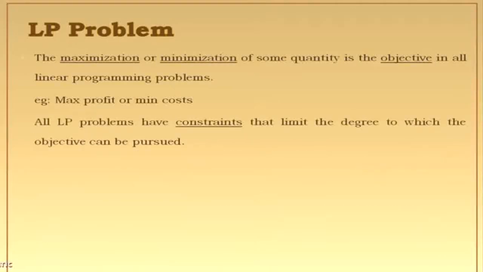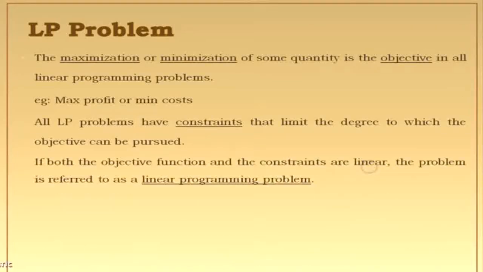All LP problems have constraints that limit the degree to which the objective can be pursued. If both the objective function and the constraints are linear, the problem is referred to as a linear programming problem.